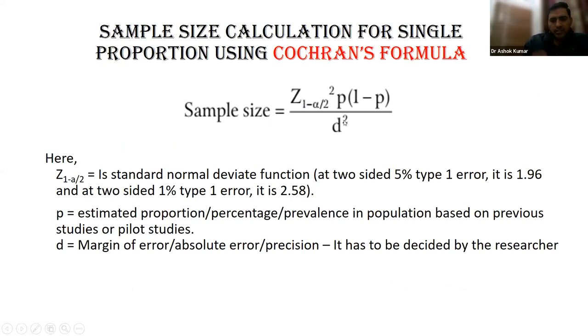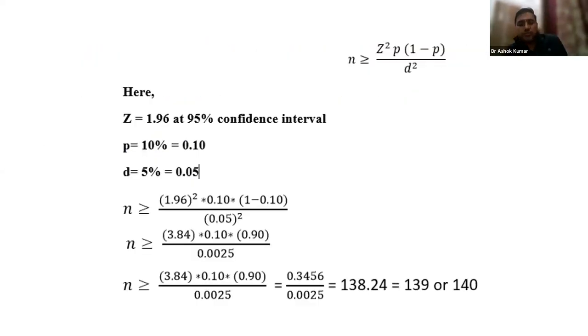So please remember Z means 1 minus alpha by 2, and the Z value is 1.96. In this formula, Z value will always be 1.96. No need to remember anything.